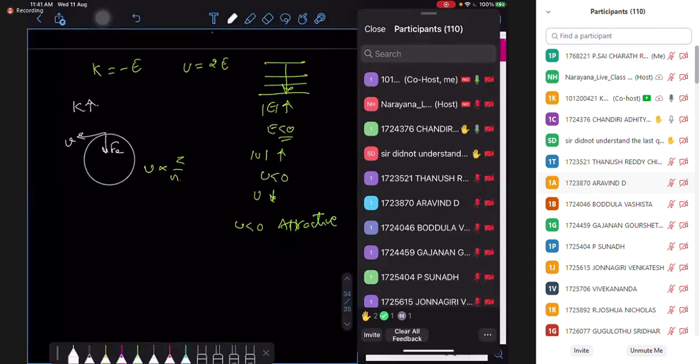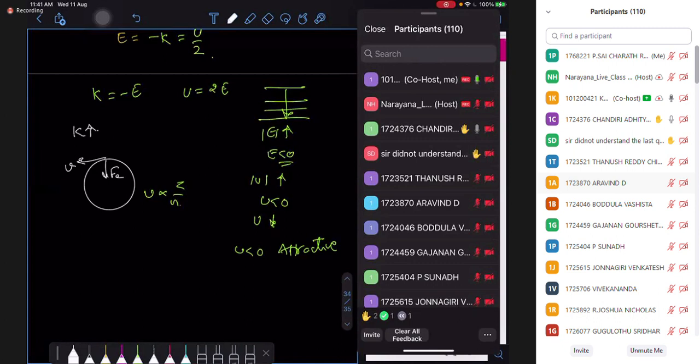Okay, first understand it this way. If you are moving near the nucleus, you require more speed because more attraction is there, right? Speed increases near the nucleus because you have more force near the nucleus. We have this simple relation, mv square by r.